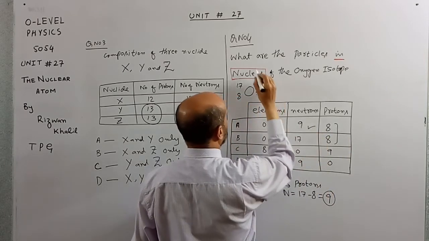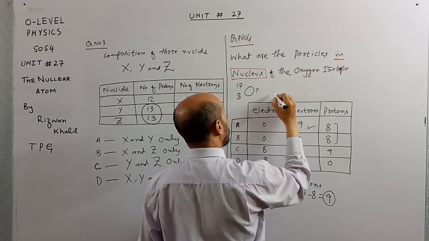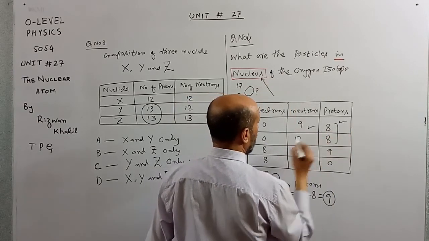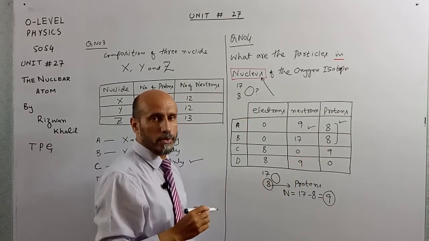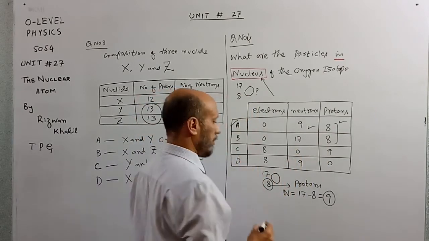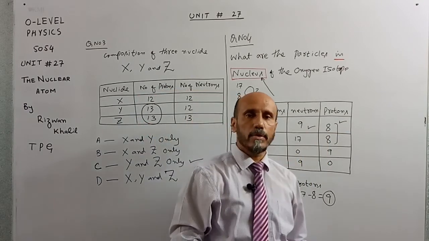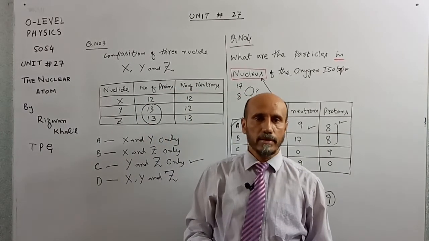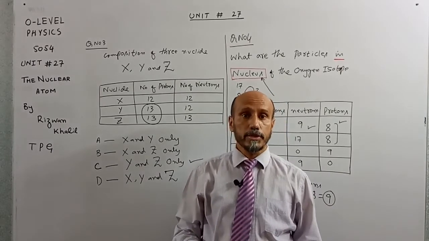So what are the particles in nucleus? So there exist 8 protons and 9 neutrons. So which option is correct option? Option A.